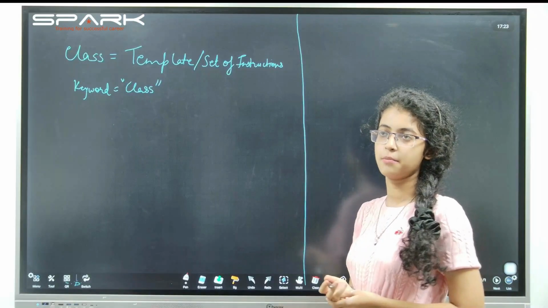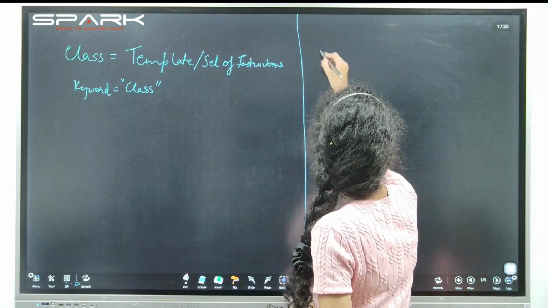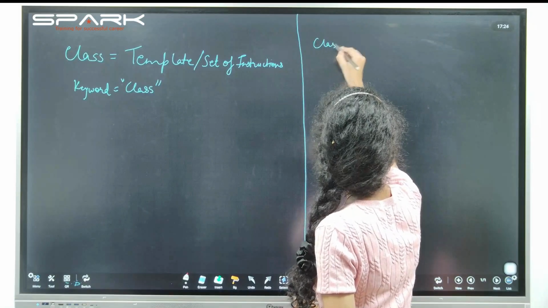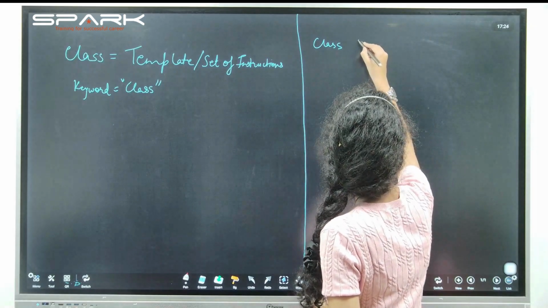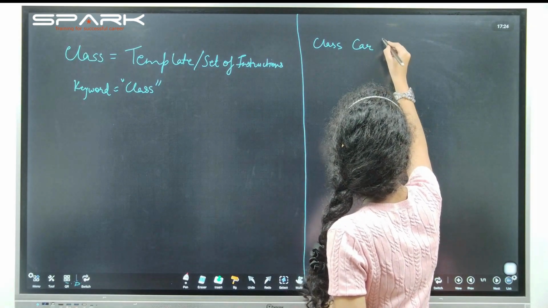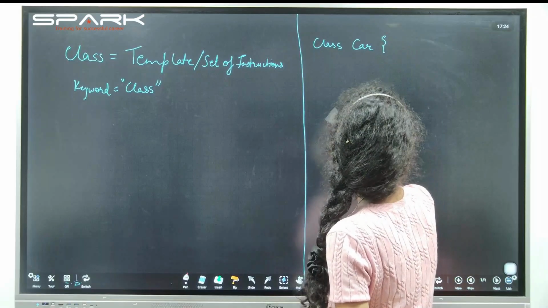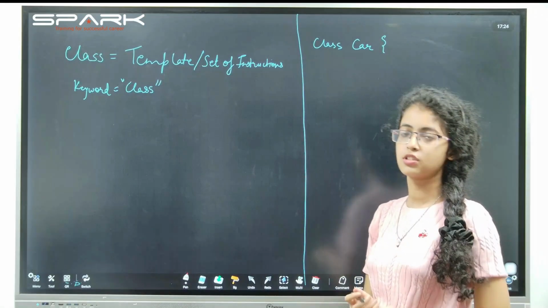Today I'm taking an example of a car. I'm simply defining the name of the class by using the keyword class. Now inside it I'm going to use a constructor.